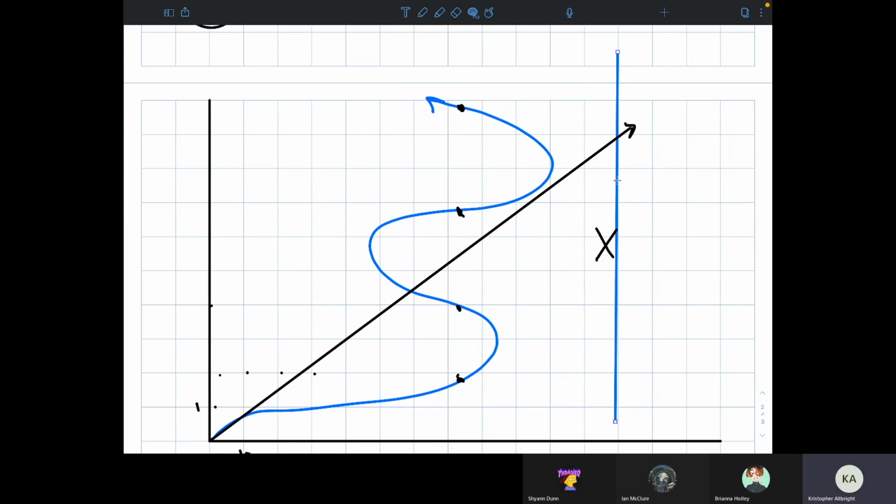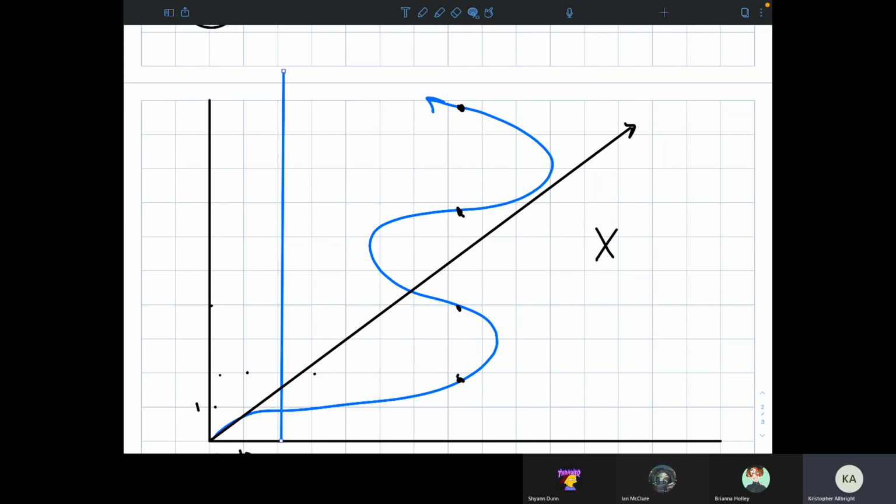So that's just one way that you can identify functions versus relations with just using a graph. So if you take this and you draw it across like this, then this is just a relationship. This one that we did a minute ago. But with the black line, this is just going to be a function.